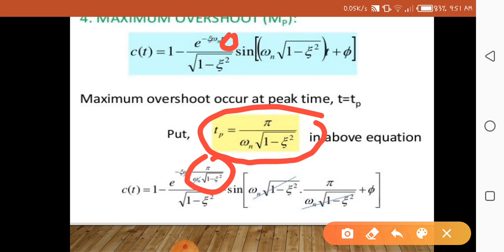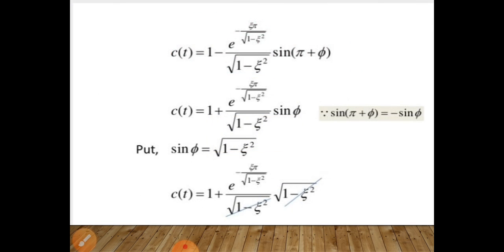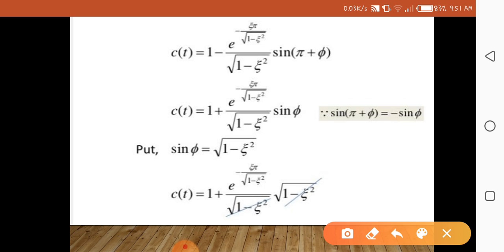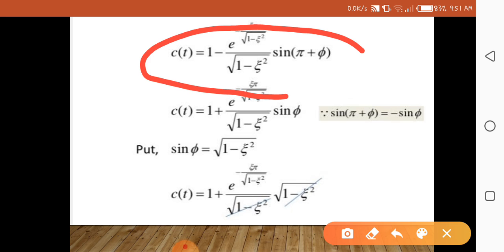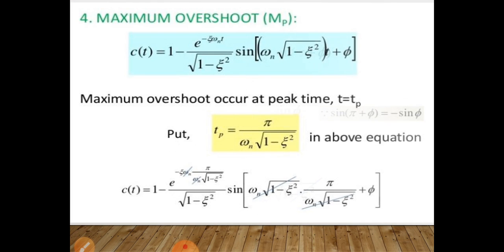After calculating this, some factors cross and cancel each other. So a new C of t is obtained as C of t is equivalent to 1 minus e raised to the power minus zeta pi by root 1 minus zeta square, upon root 1 minus zeta square, sin pi plus phi.